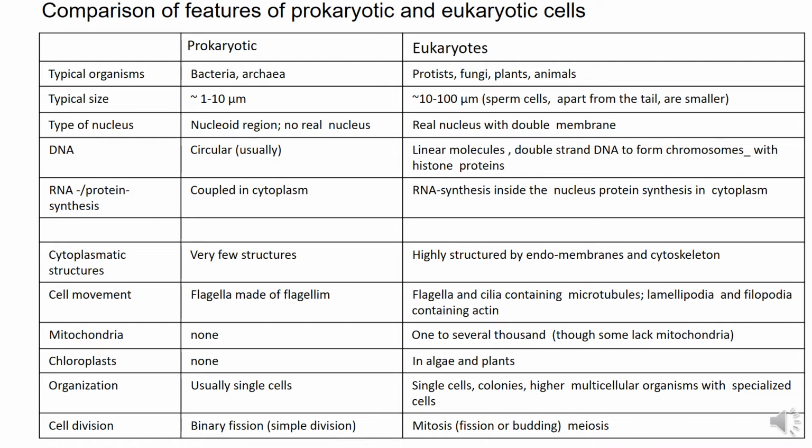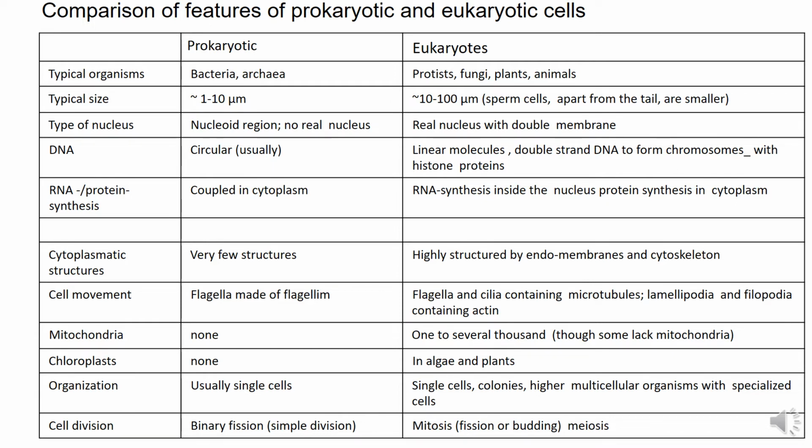Typical size differs between prokaryotic and eukaryotic. Type of nucleus is important. Nucleotide region, no real nucleus. البروكاريوتيك ما بها real nucleus, only a nucleotide region, an aggregation of chromatin granules in the middle of the cell. Eukaryotic cells have a real nucleus with double membrane.